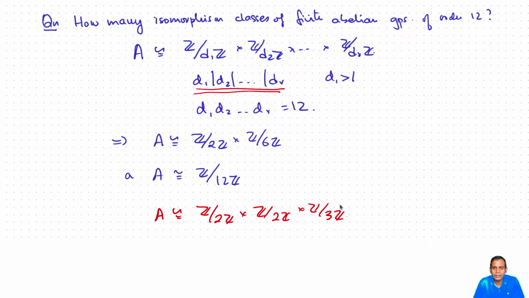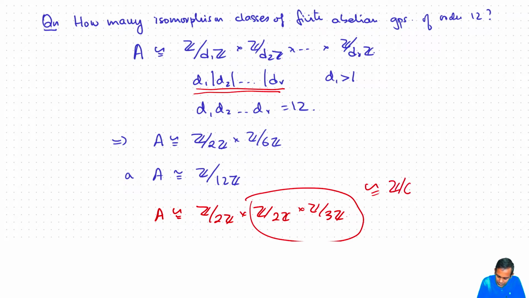And in fact, now you see the reason why we insist on these conditions for uniqueness. Because Z mod 2Z cross Z mod 3Z is isomorphic to Z mod 6Z under the Chinese remainder theorem. And so this third group here is nothing but the first group that we've written down. It's isomorphic to Z mod 2Z cross Z mod 6Z.